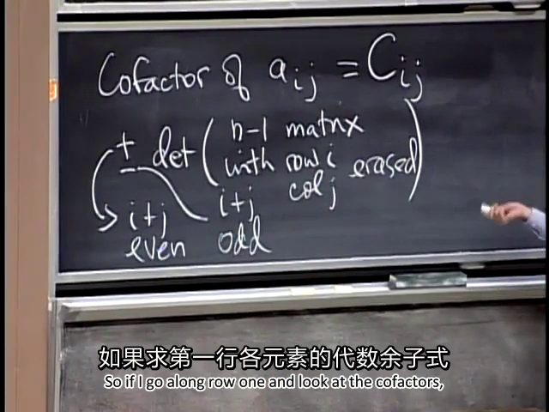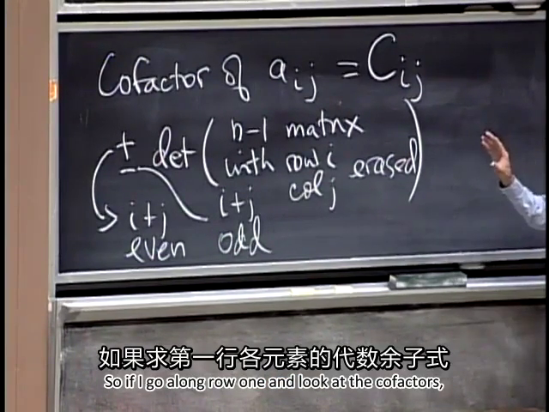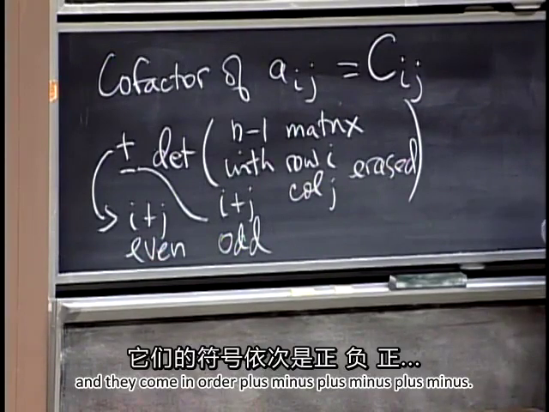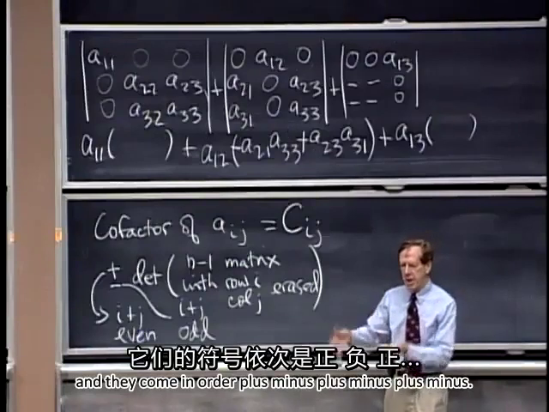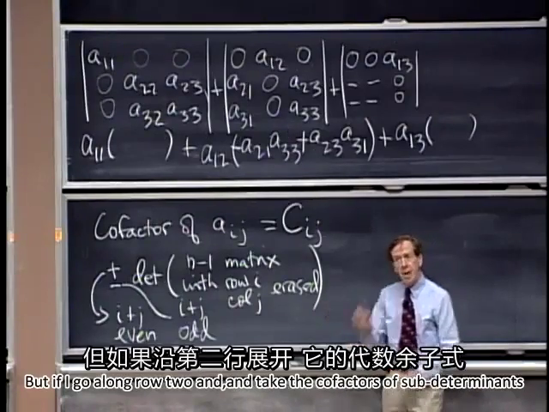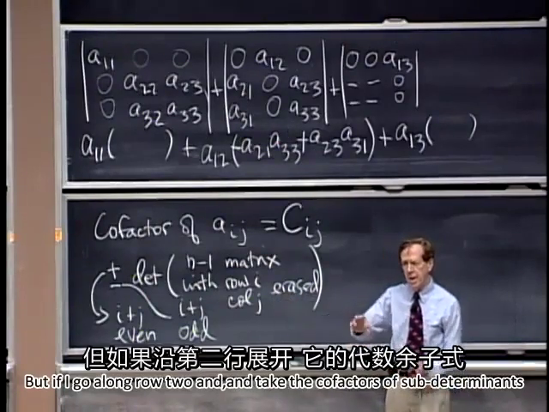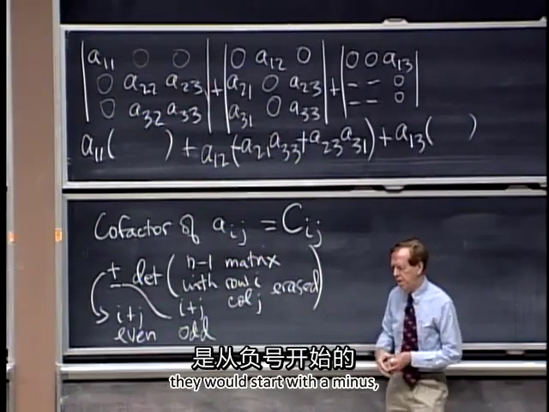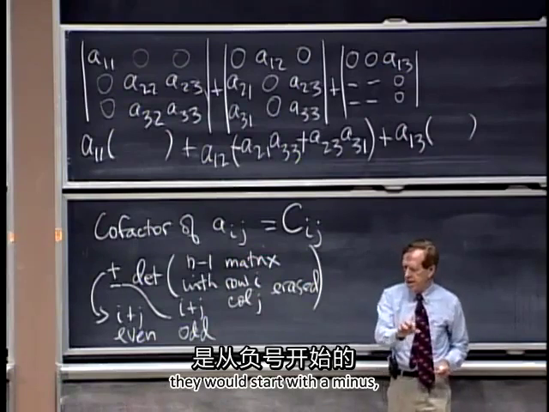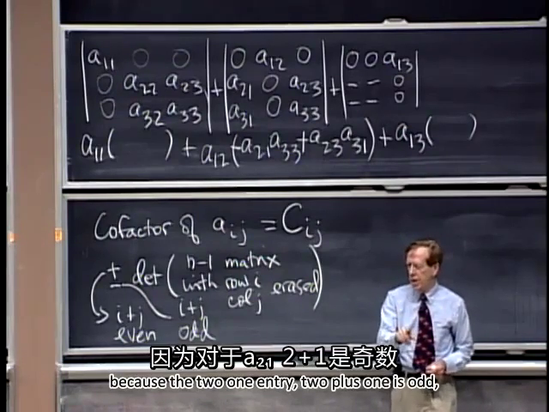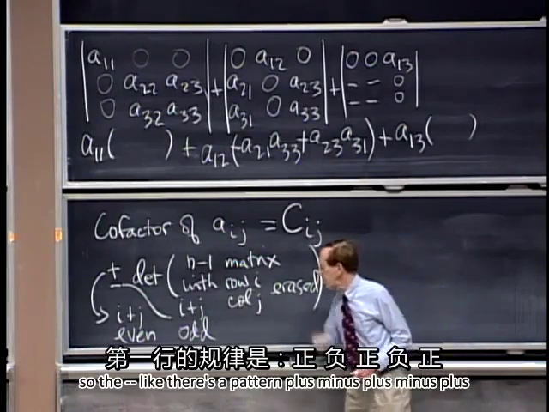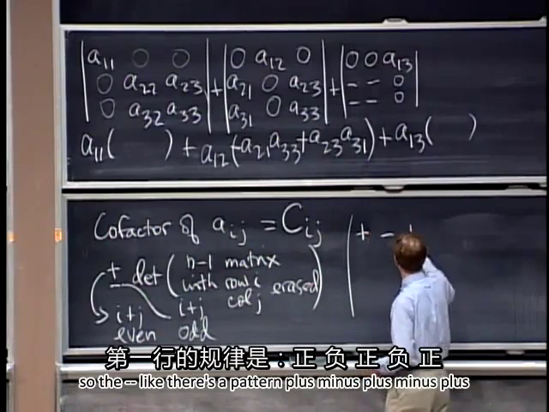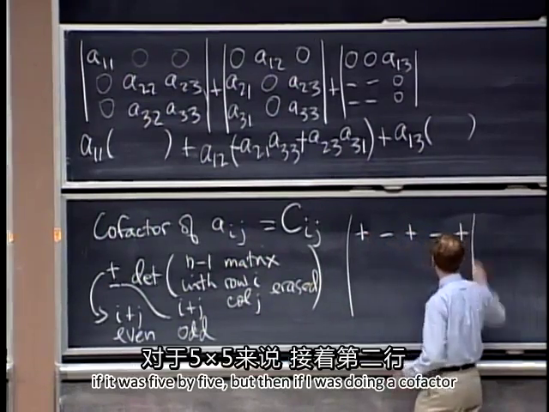So if I go along row 1 and look at the cofactors, I just take those one smaller determinants, and they come in order plus, minus, plus, minus, plus, minus. But if I go along row 2 and take the cofactors, those subdeterminants, they would start with a minus because the 2,1 entry, 2 plus 1 is odd. So there's a pattern, plus, minus, plus, minus, plus if it was 5 by 5.